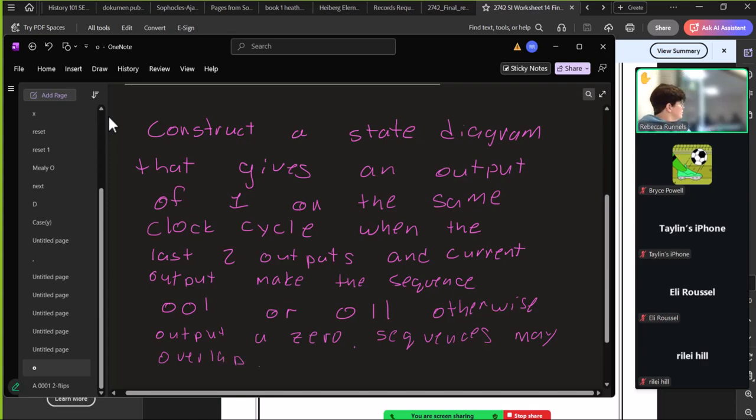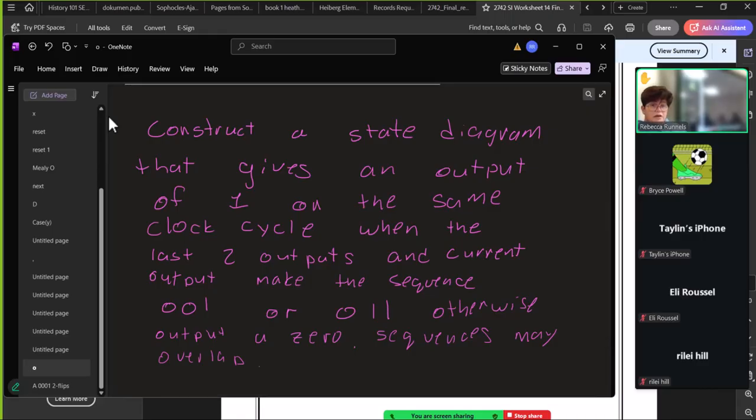Construct a state diagram that gives an output of 1 on the same clock cycle when the last two inputs and current input make the sequence 0, 0, 1, or 0, 1, 1. Otherwise, output is 0 and sequences may overlap.